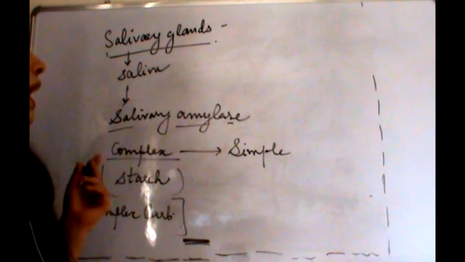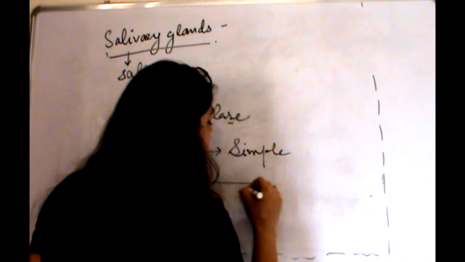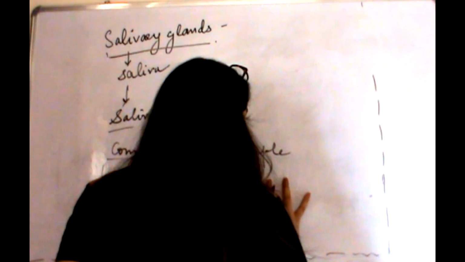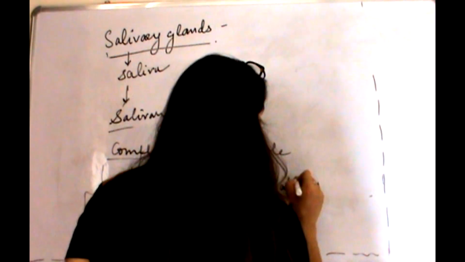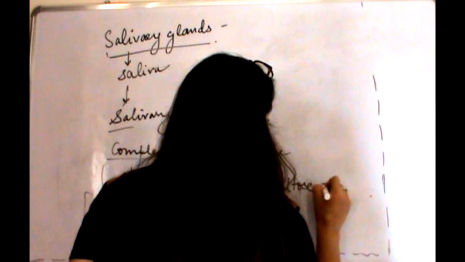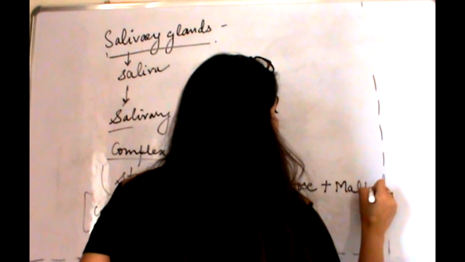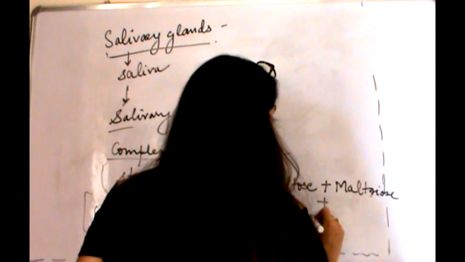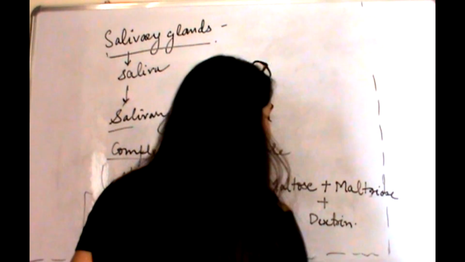So what will happen now? Starch, being a complex substance, is converted into maltose plus maltotriose plus dextrin, right?